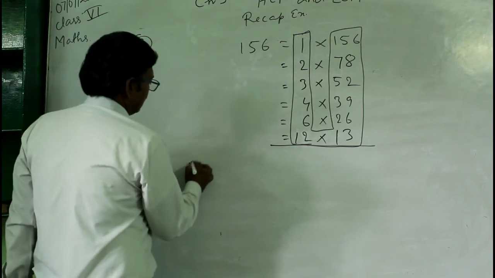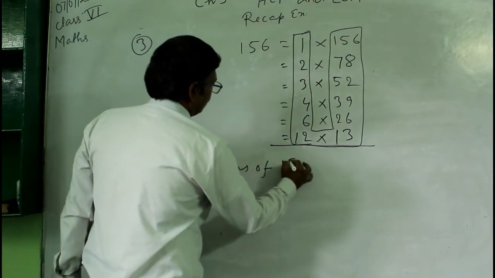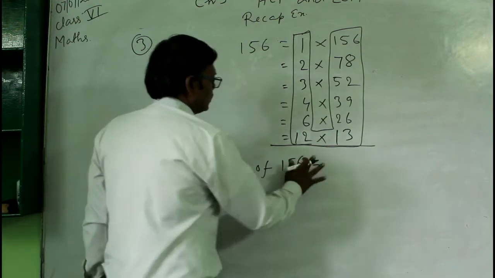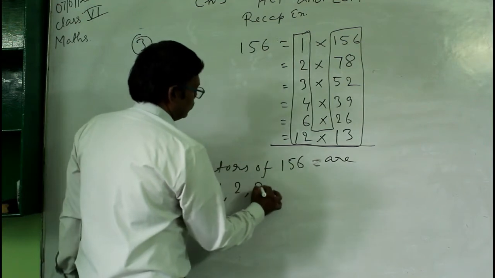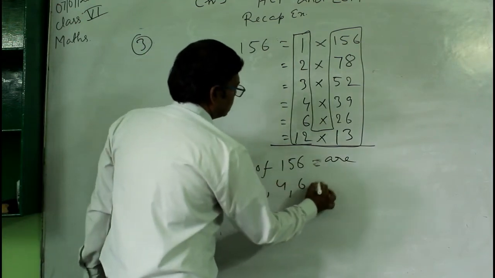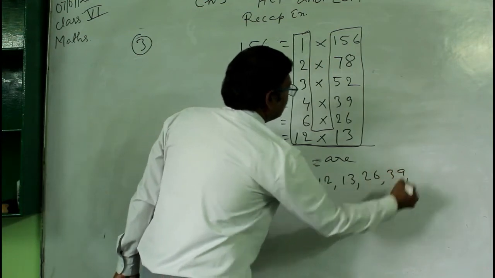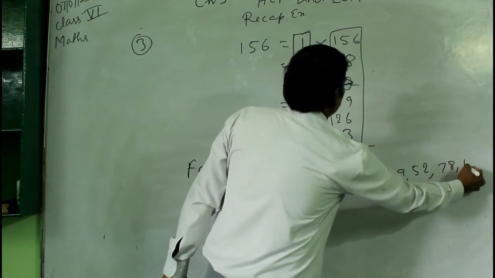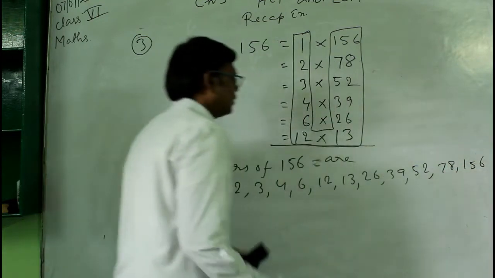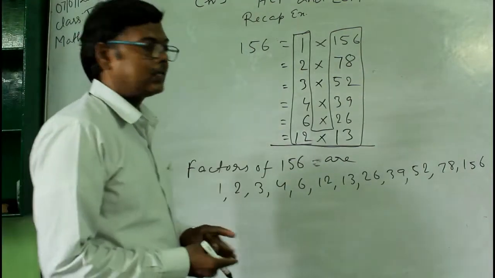So here you will write: factors of 156 equal to 1, 2, 3, 4, 6, 12, 13, 26, 39, 52, then 78, and then 156.